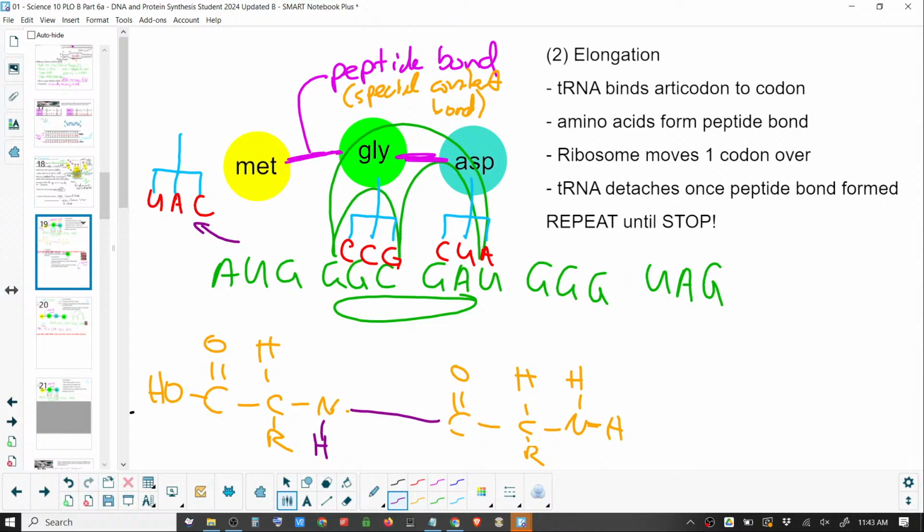It's special because all these extra electrons go like this, and you actually get like 1.5 bonds on both. It means it doesn't bend. All of these can rotate except for that one, and it adds some stability, and it has consequences for folding proteins, which is what the next stage would be. So it's a really important bond.